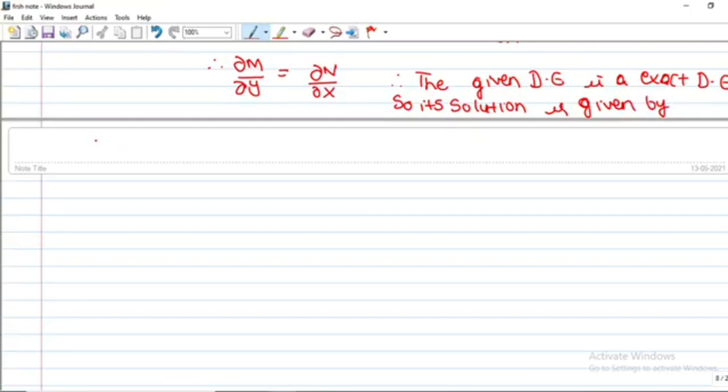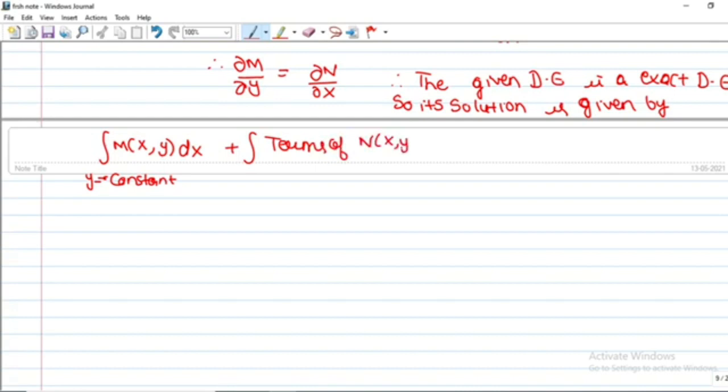Its solution will be given by the method, which was, what was the formula? Integral of M of x comma y dx keeping y constant, plus the integral of the terms of N free from x, equal to a constant. Just substitute whatever you have and then try to get your answer.